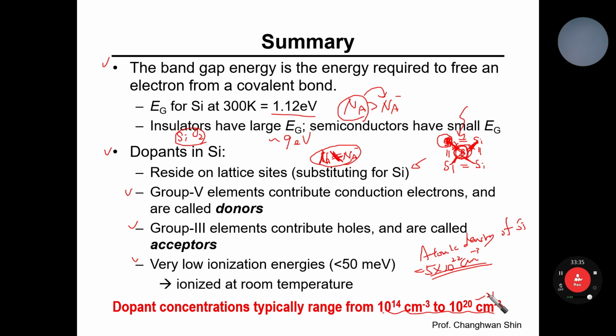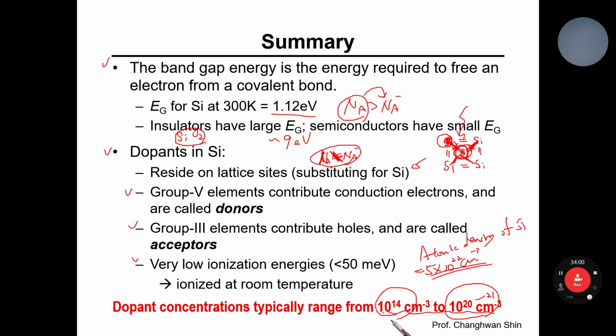Why is that? Because a higher doping concentration indicates that more electrons or holes are available for flowing current using that doped semiconductor. So anyhow, the doping concentration is upper limited by the atomic density of silicon or the solid state solubility.